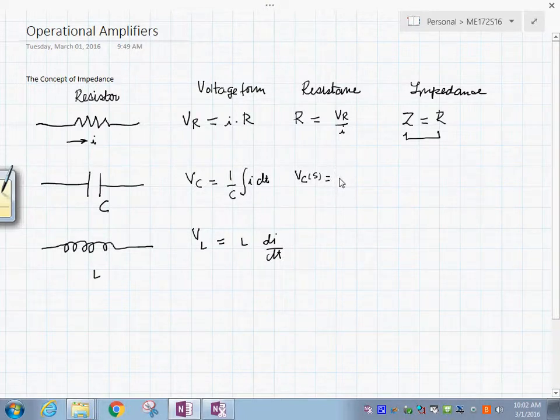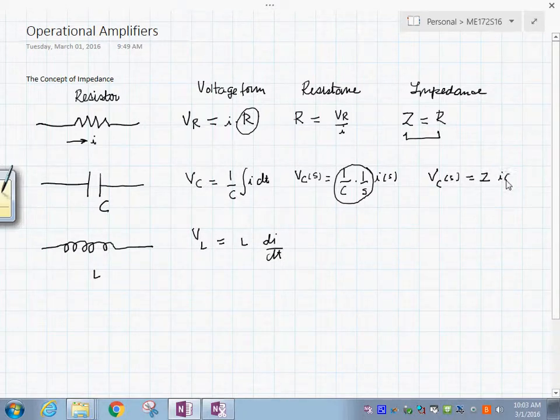Times I of S. So this element, like here, do you notice that it is like this? See? So you could say that the voltage on the capacitor is equal to the impedance times the current, like this. Let's call it where the impedance is 1 over CS.